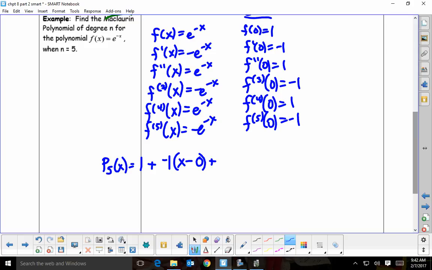Plus f double prime of c, which is 1, times x minus c squared over 2 factorial. Keep going in your pattern. You have to go to the 5th.